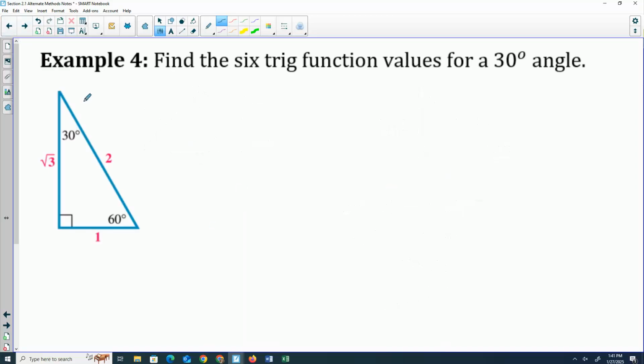So, using that, if I asked you for the 6 trig functions of the 30-degree angle, so sine of 30 degrees. Sine is opposite over hypotenuse.